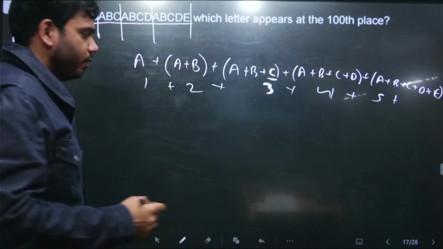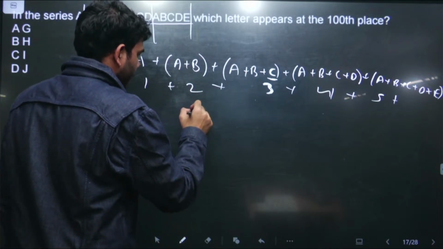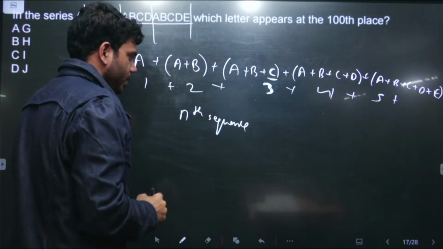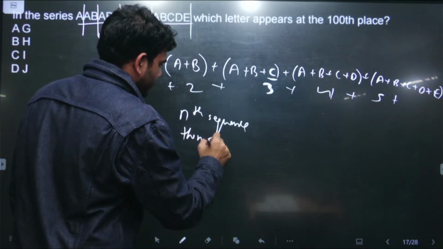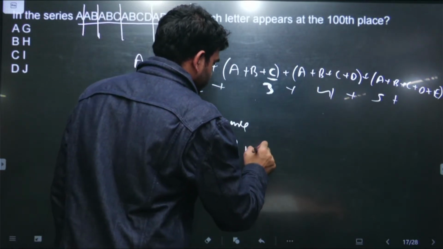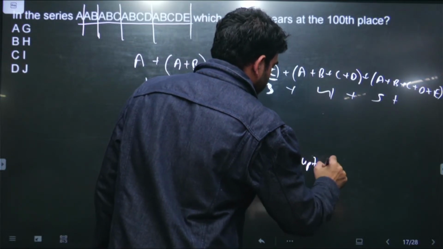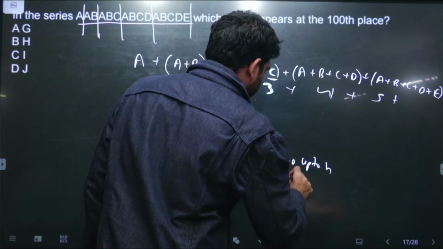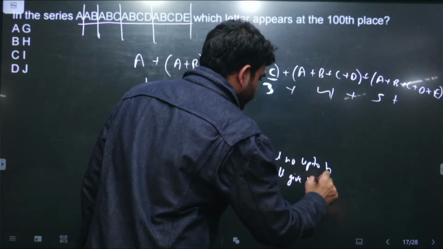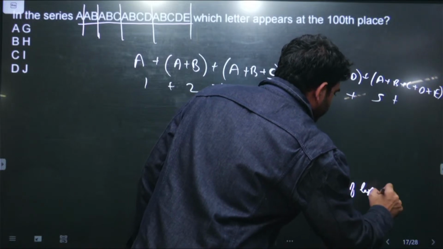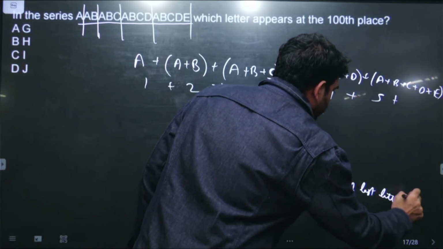So if we take the nth sequence, the sum of natural numbers up to n will give us the rank of the last letter of the last sequence.